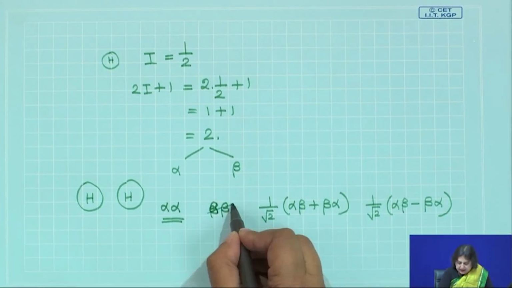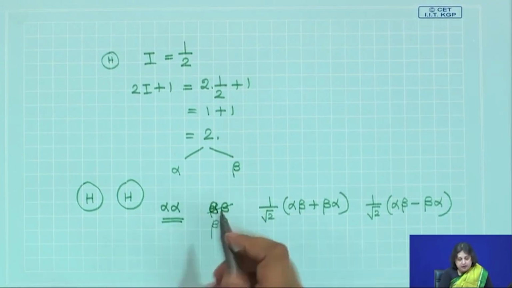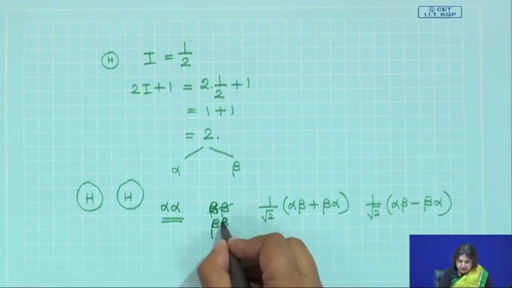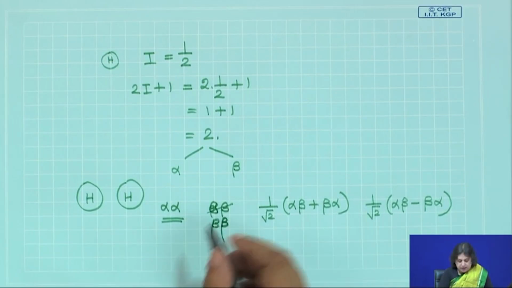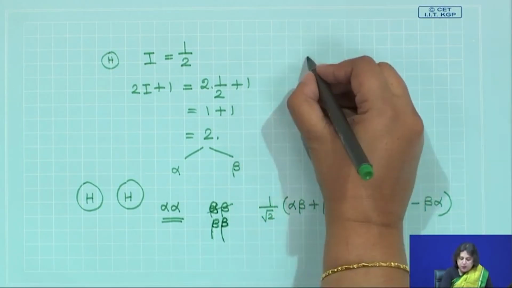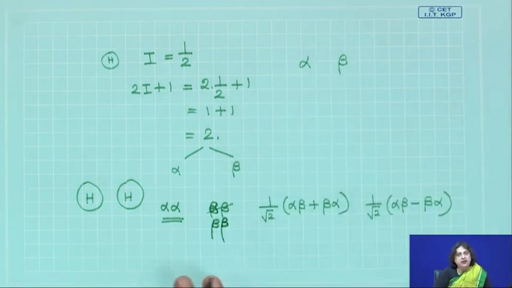Now, the second possibility is that both of them are existing in the state corresponding to beta spin wave function for nucleus 1 and beta spin function for nucleus 2. And it may so happen that one of them has alpha spin wave function and the other one has beta spin wave function.